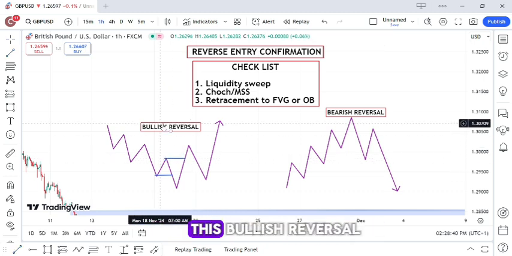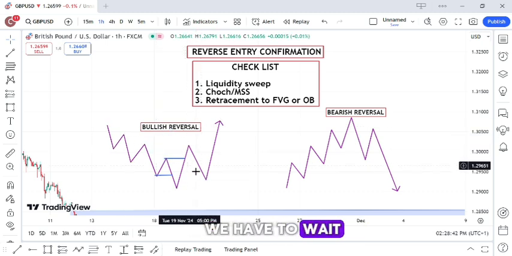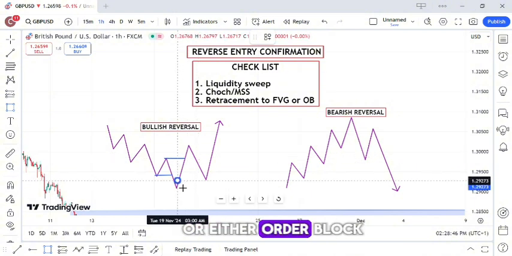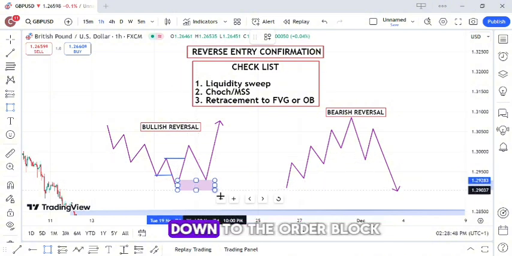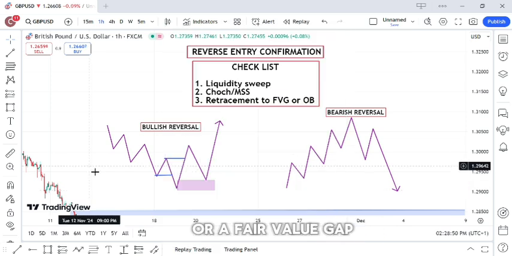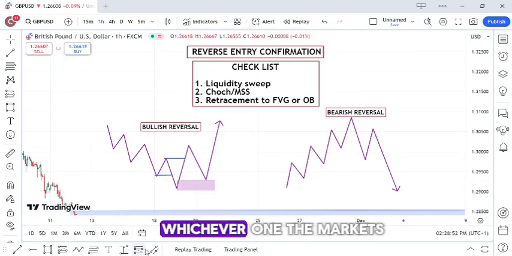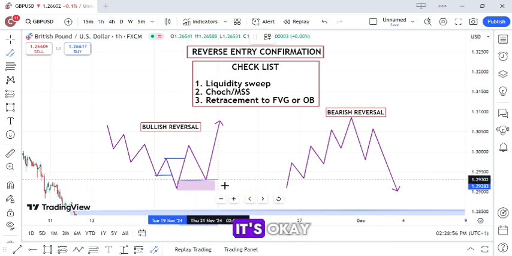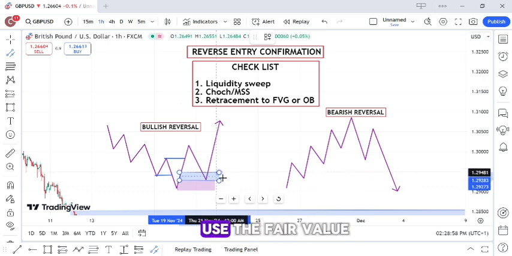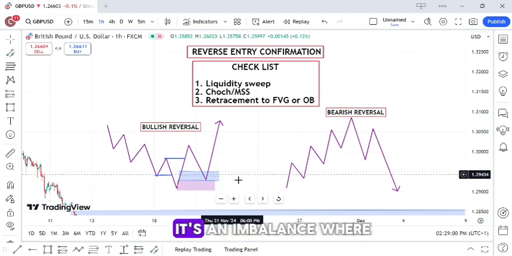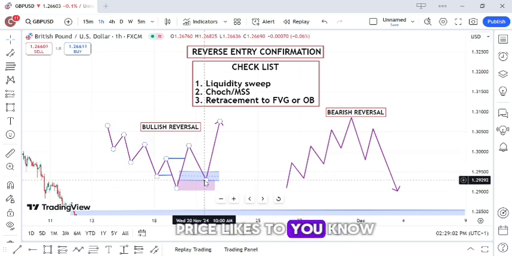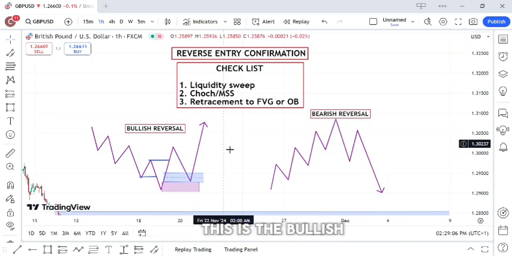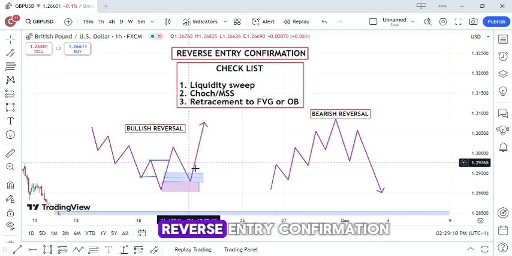For us to confirm this bullish reversal, we have to wait for a retracement down to either the order block or a fair value gap. Whichever one the price comes down to, it's okay. Normally I like to use the fair value gap because it's an imbalance where price likes to come to mitigate and move in the opposite direction. So this is the bullish reverse entry confirmation.